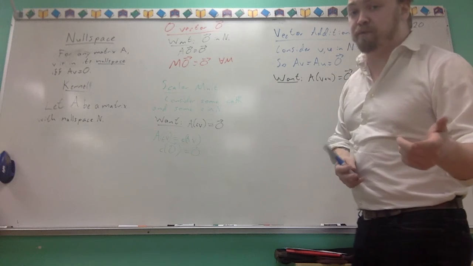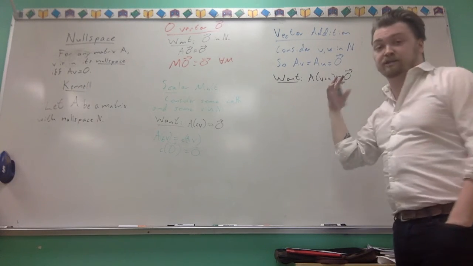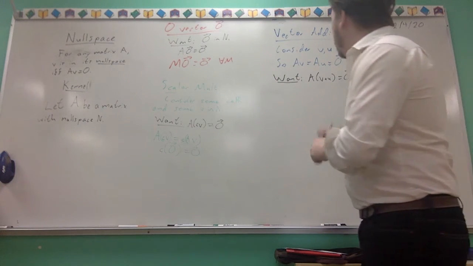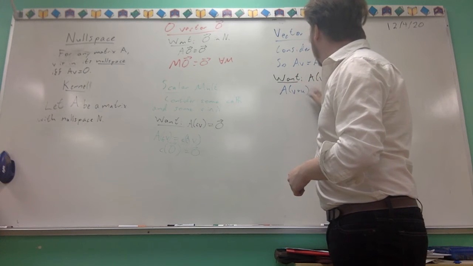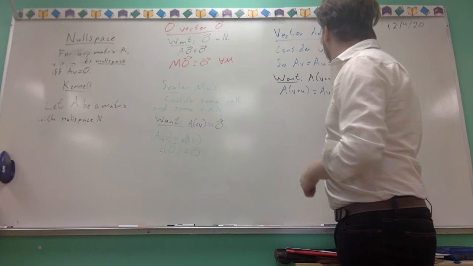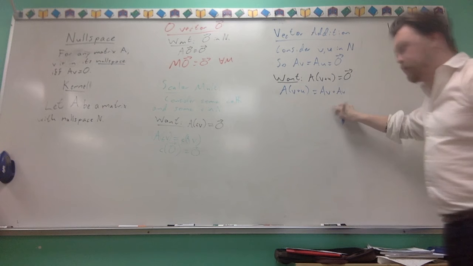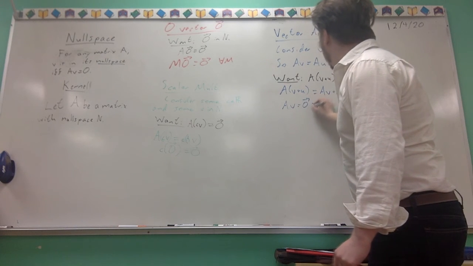Now, what you may remember from a little earlier on in linear algebra is that this matrix multiplication actually does distribute over vector addition. A times v plus u is equal to Av plus Au. But wait a minute. What do we know about these two guys? That's right. Av equals 0, which is the same as Au.